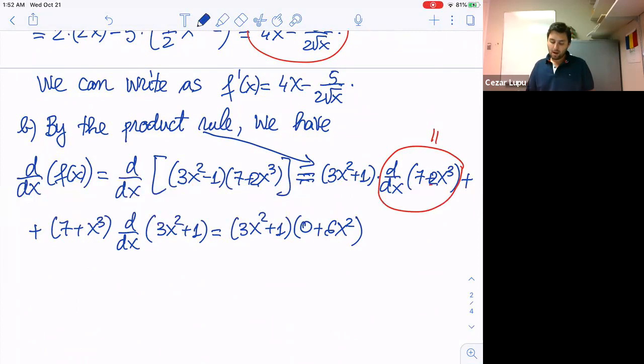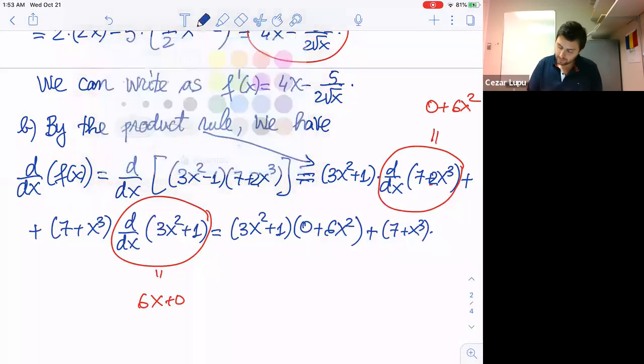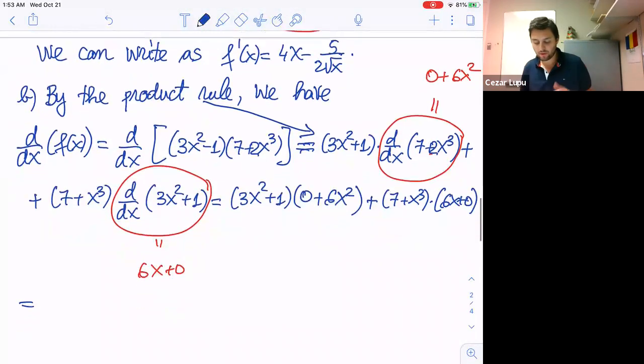Okay. Plus, and now let's look at the second one. So the second one will be 7 plus x cubed times the derivative of this guy here. So this guy here, so this is 0 plus 6x squared. And this guy will be what? Will be 6x plus 0. And now this is just a bunch of trivial algebra.